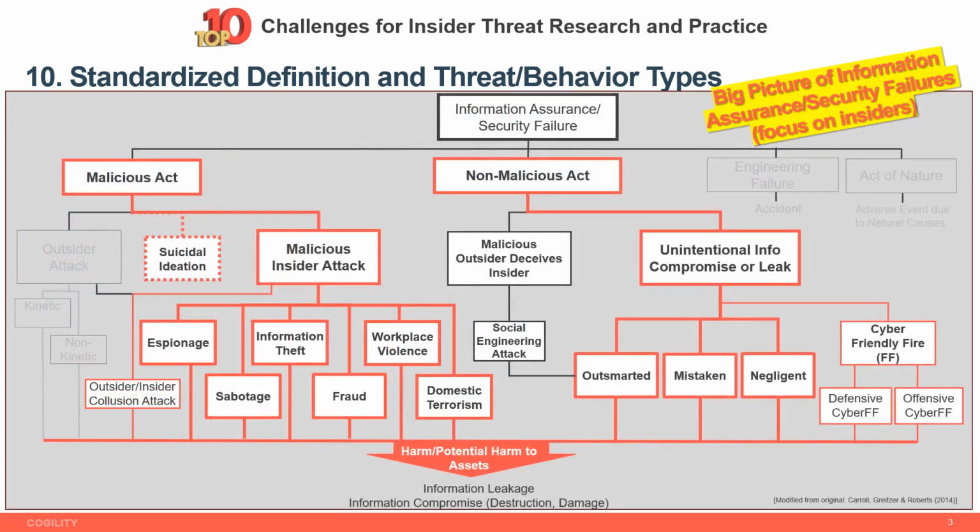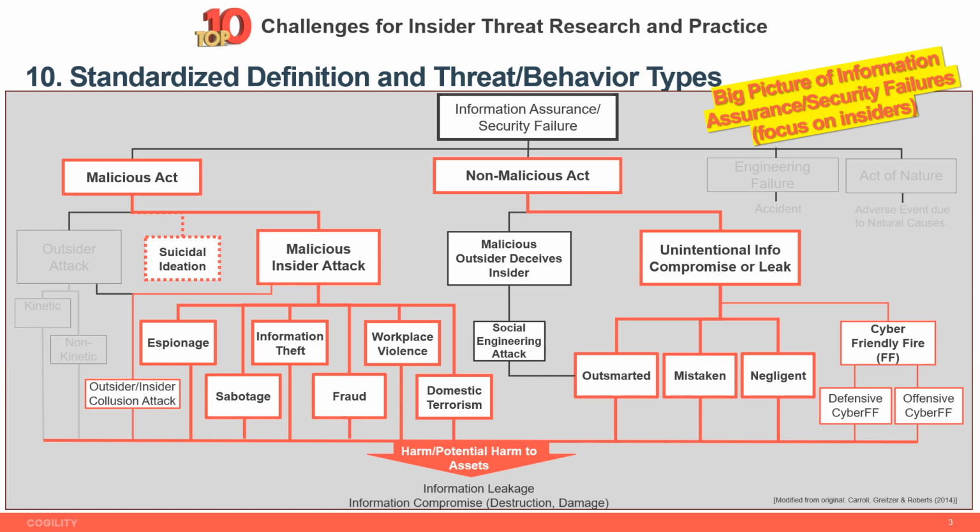The diagram shown here is an updated version of the original that was published in a 2014 paper on cyber-friendly fire. The focus of this depiction of cyber information assurance failures is on insider threats, and these are outlined in red. You see that the set of threat types is divided into malicious versus non-malicious actions.